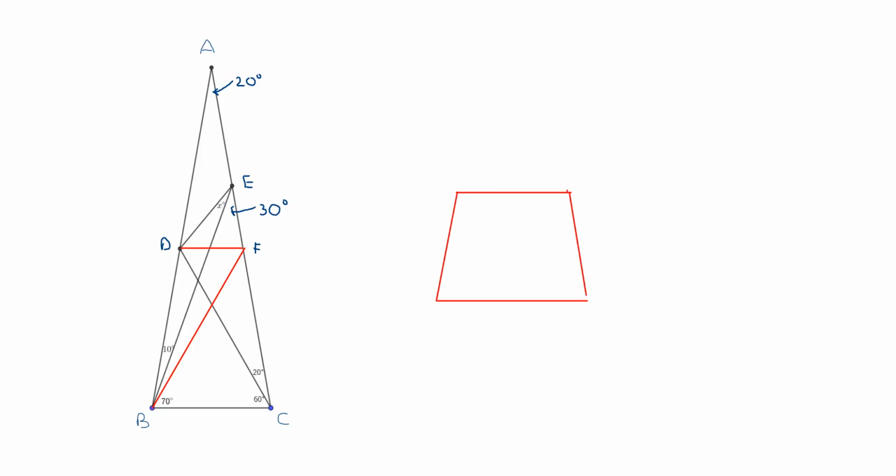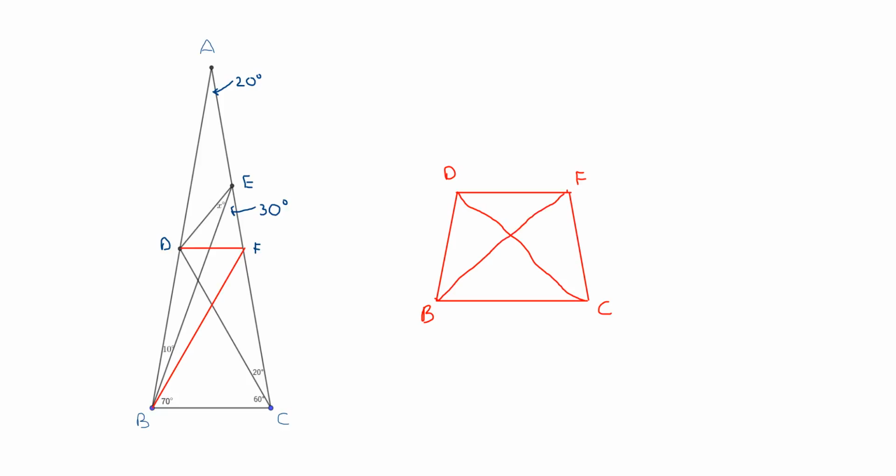This may not be perfectly to scale, but what we've got here is B, C, D, and F, with my DC and my BF joined.